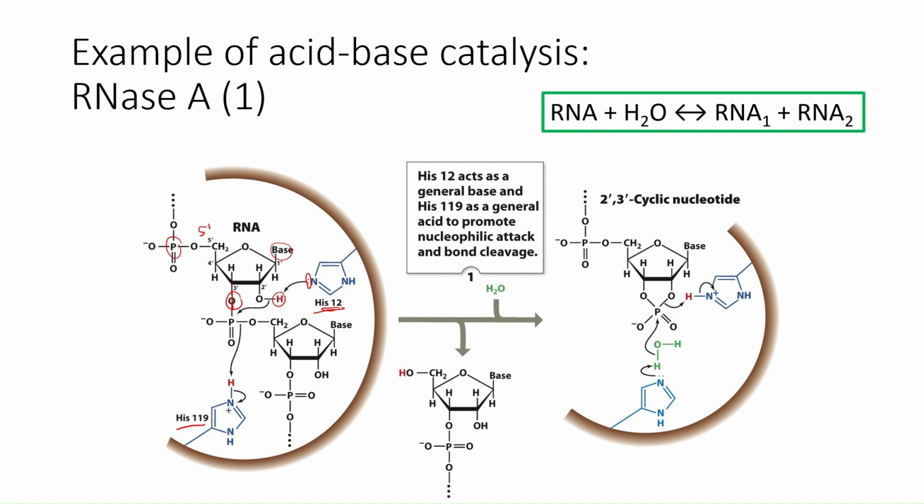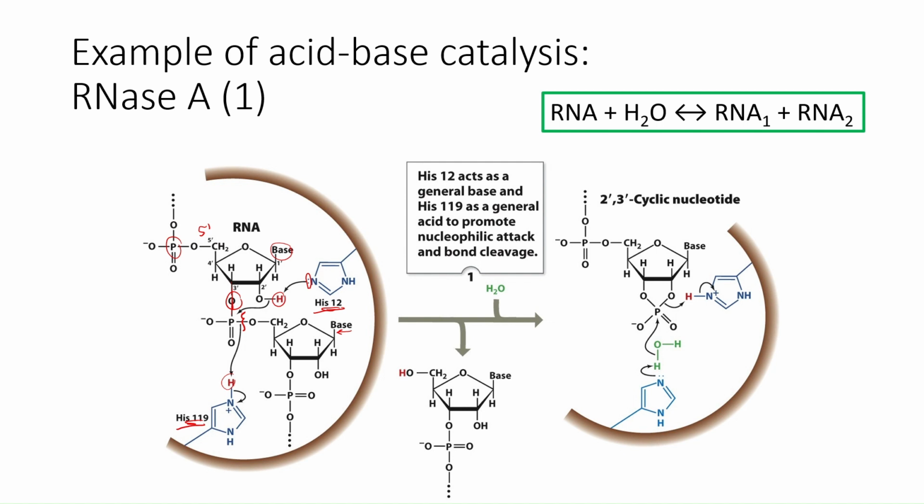And this ultimately ends up in the histidine 119 donating a proton here. And this allows this bond to be broken between that phosphate group that we were just talking about and this next ribose sugar that's part of the next nucleotide in the RNA.